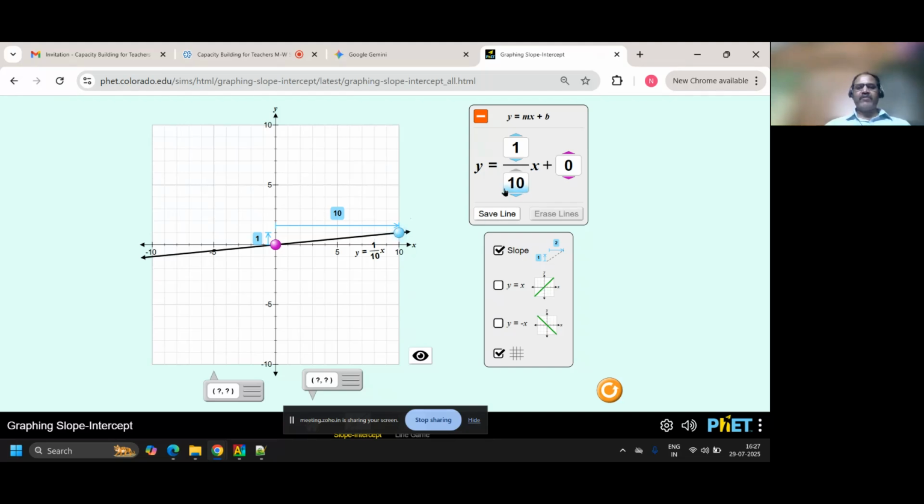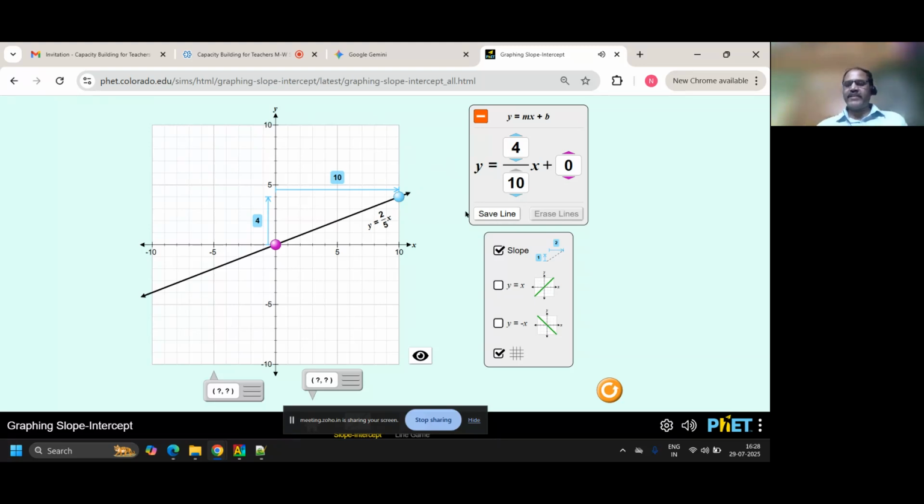That means if the x-axis component is not there, this line becomes identical to the x-axis. So the slope is not just a number. We can define it as delta y by delta x. This is how we do.